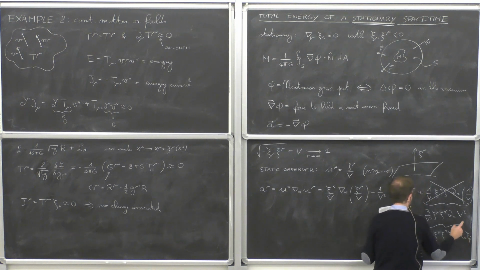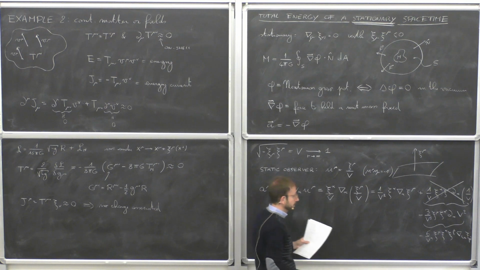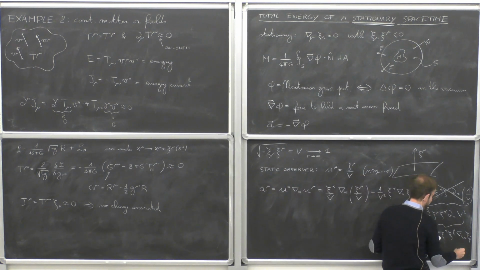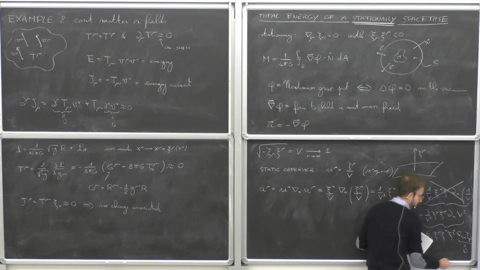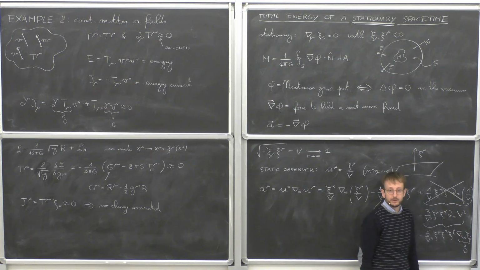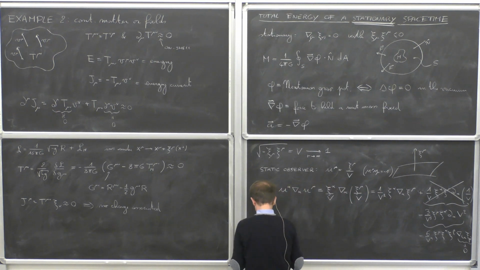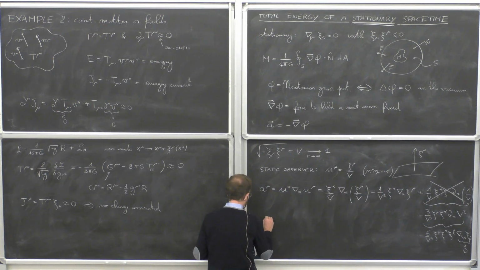I just profit from the fact that v squared is equal to the norm of this object here, and then I reconstruct the Killing equation, which is equal to 0. The indices here are a bit small, but I essentially recover the Killing equation in order to say that this second part of the four-acceleration is equal to 0.